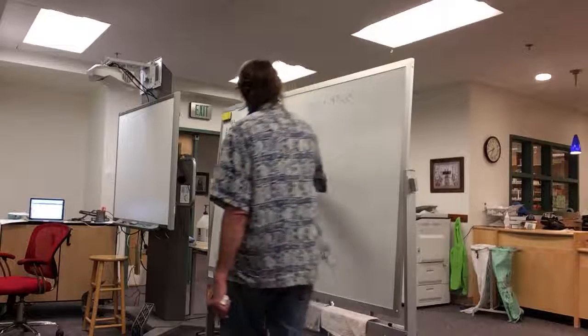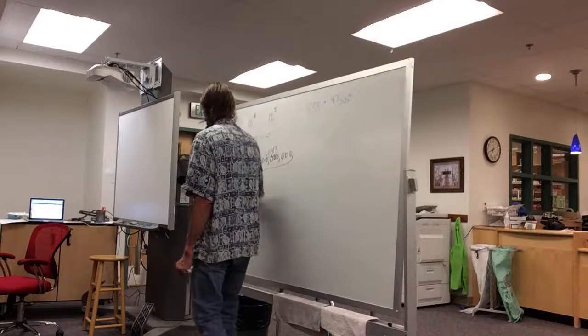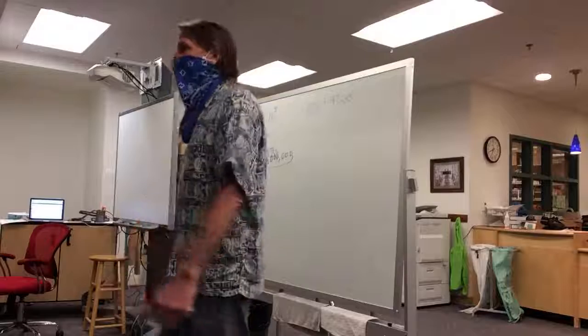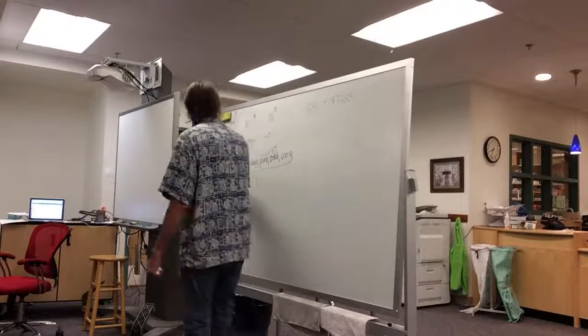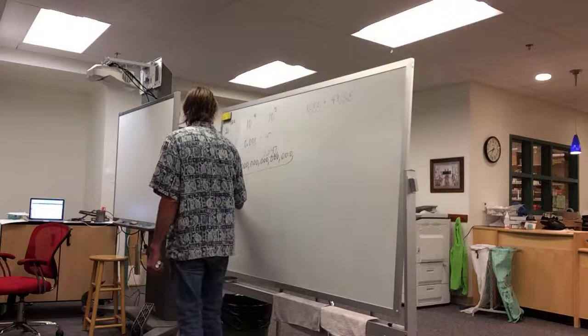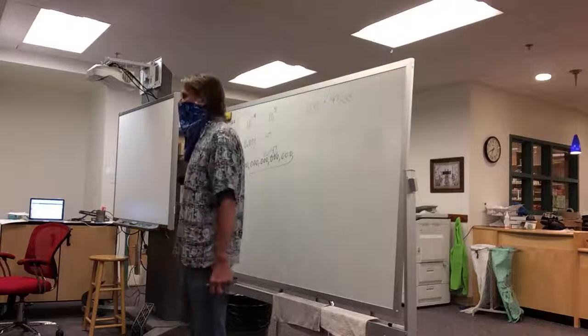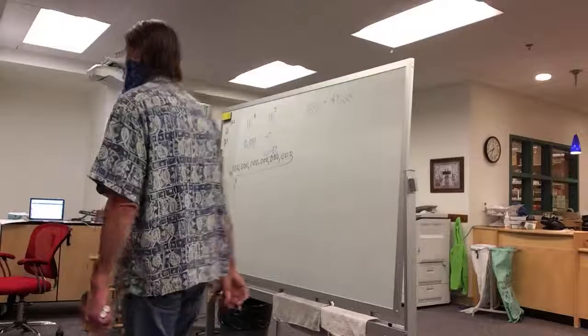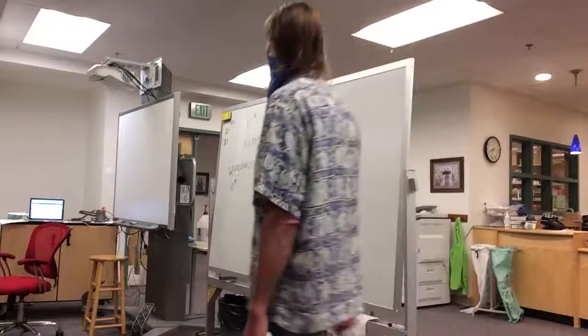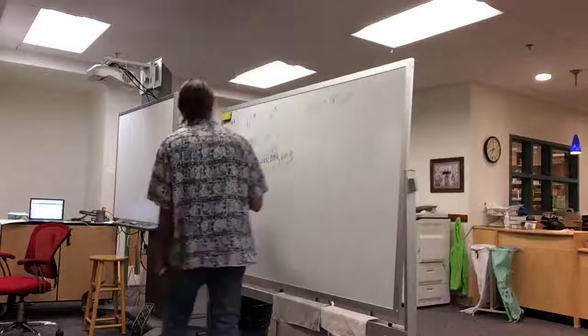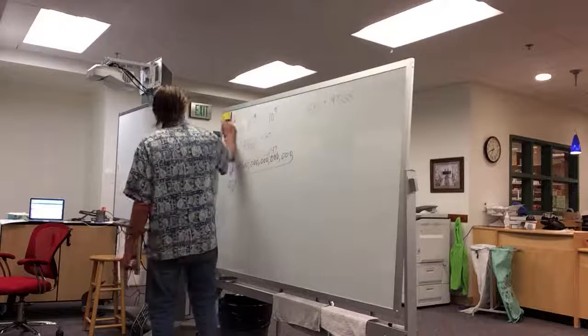So how many place values would you have to move to get it to turn into the number 1? 18. 3, 6, 9, 12, 15, 18 places. That's 10 to the 18th. 10 to the 19th would be 1 too far. Yeah, I don't know when you're going to use that. That's question 12C.